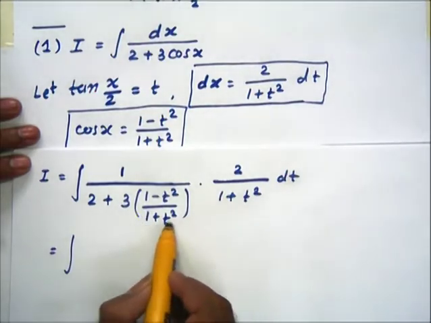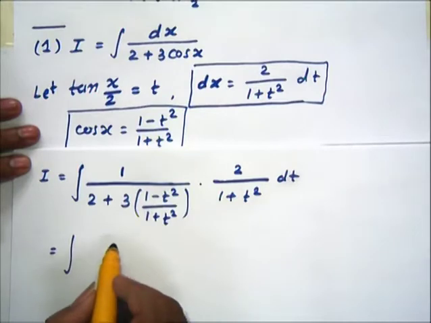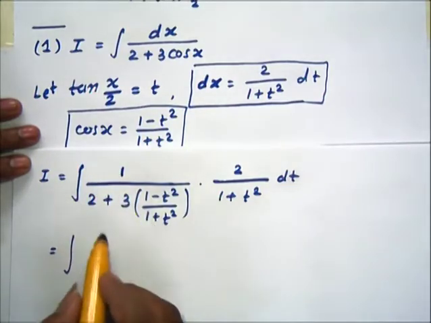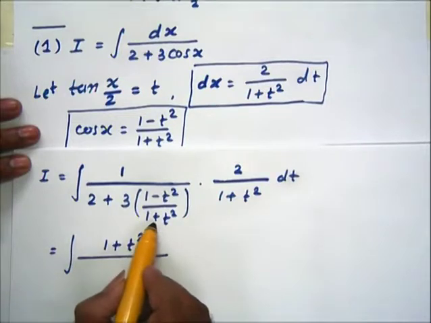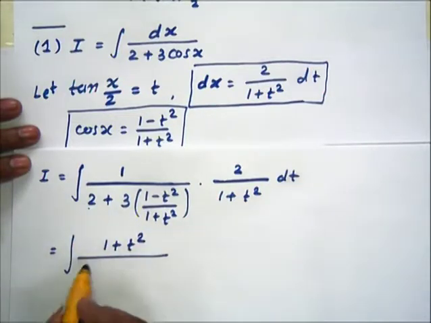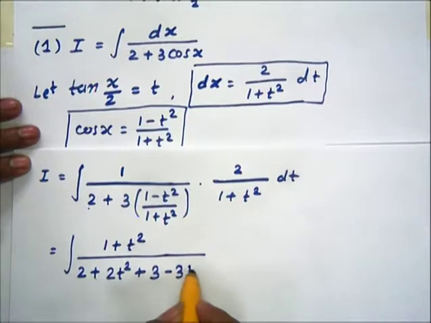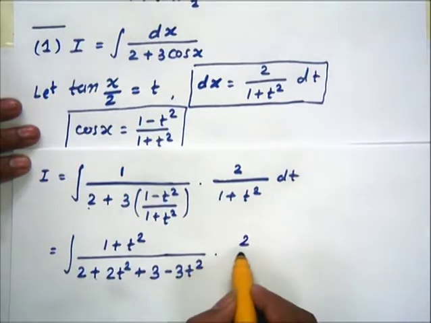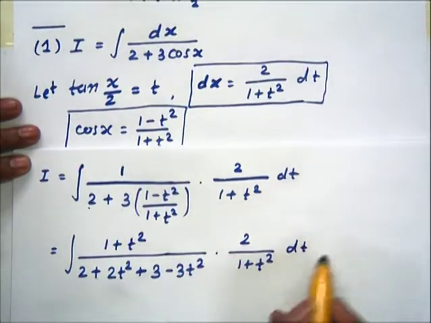Take the LCM: 1 plus t square multiplied with the 2 gives 2 plus 2t square, plus 3 minus 3t square, into 2 upon 1 plus t square dt.